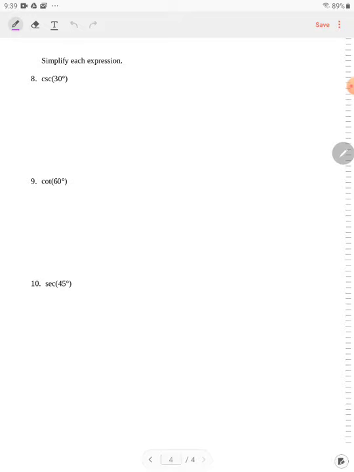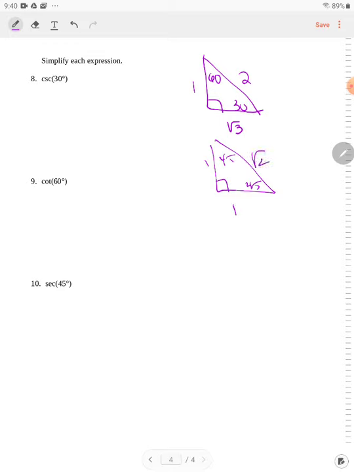Okay, cosecant of 30. So again, I like to draw a picture for your 30, 60, 90, and your 45, 45. Okay, and I'm not going to put the degree sign in there, just as it's a little bit too much.